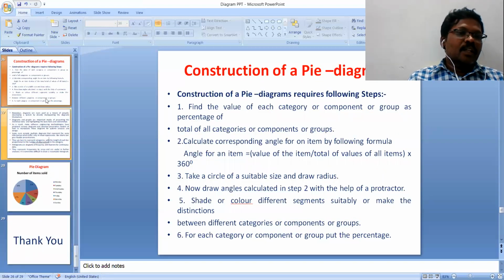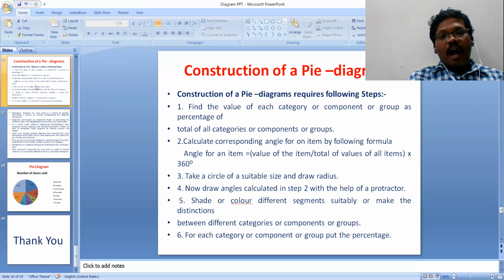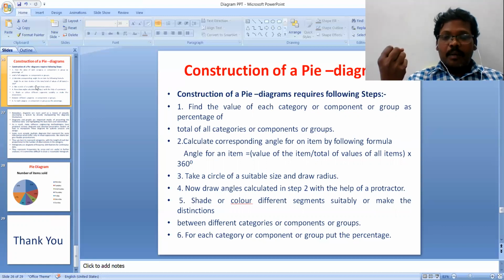Look here, how these pie diagrams are going to be constructed. What steps are required to construct the pie diagrams? We will try to understand. The construction of the pie diagrams requires the following things.